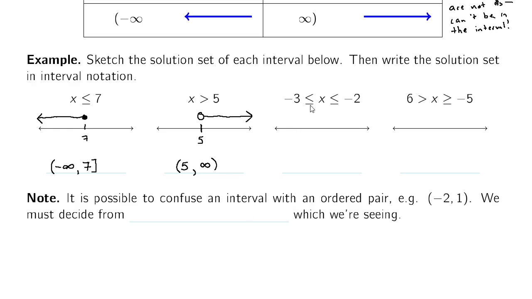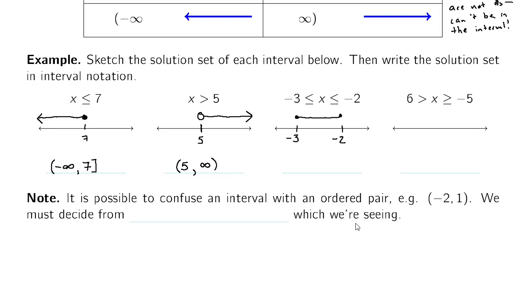Okay. Negative 3 is less than or equal to x is less than or equal to negative 2. So we're going from left to right with less than signs. We're interested in negative 3 and negative 2. x is allowed to equal negative 3, so we have a filled in dot there. x is allowed to equal negative 2, so we have a filled in dot there.